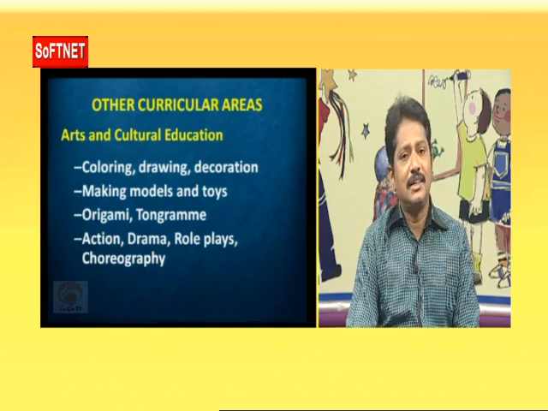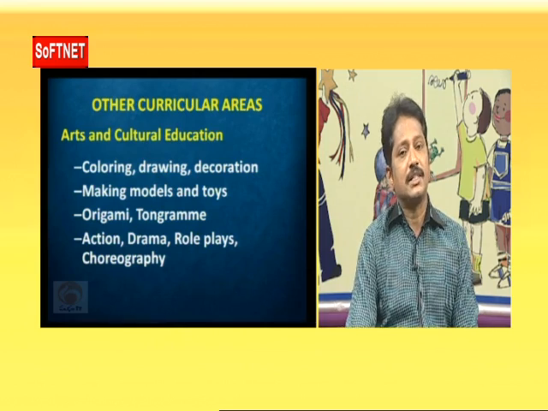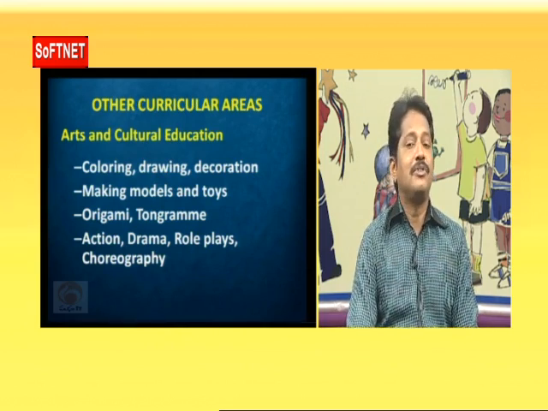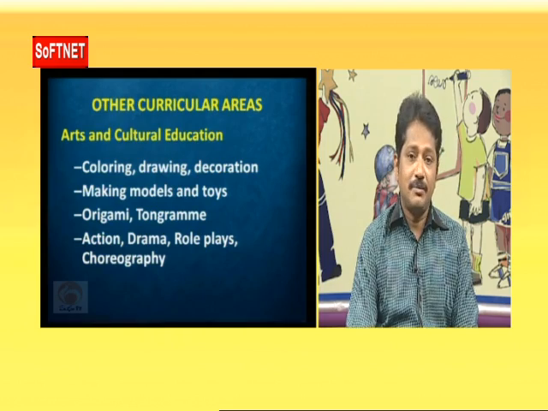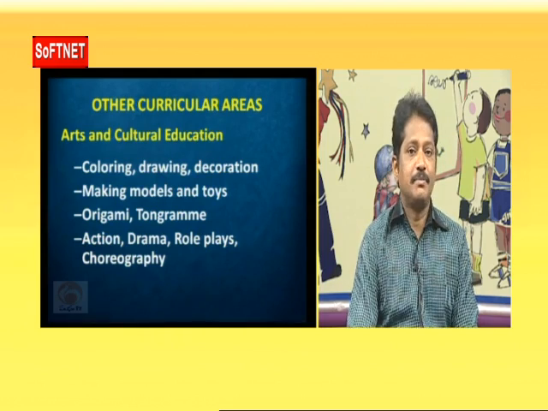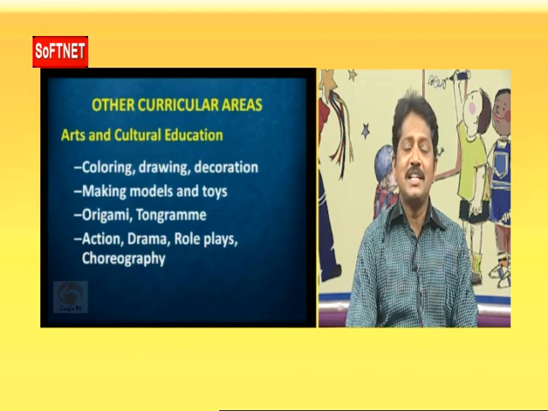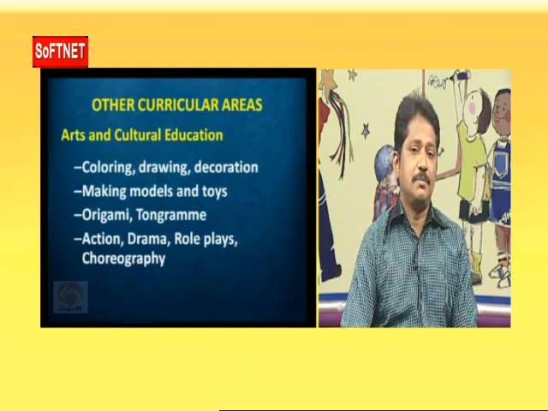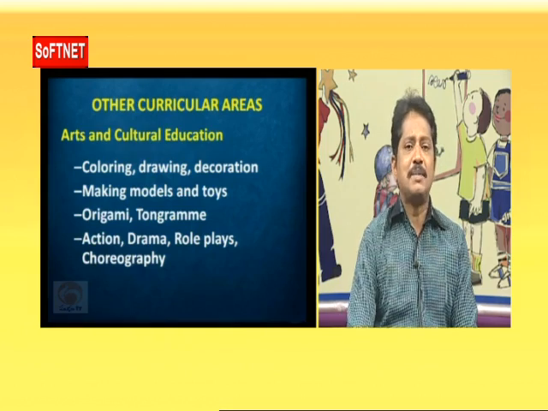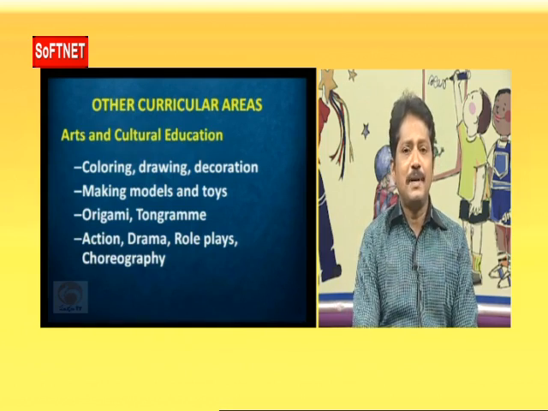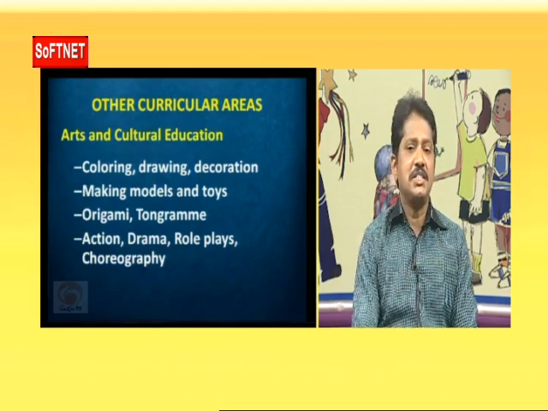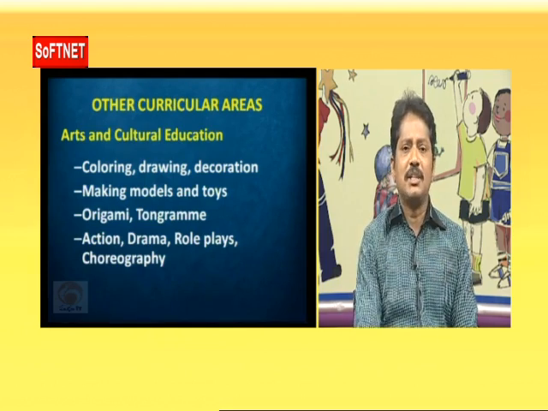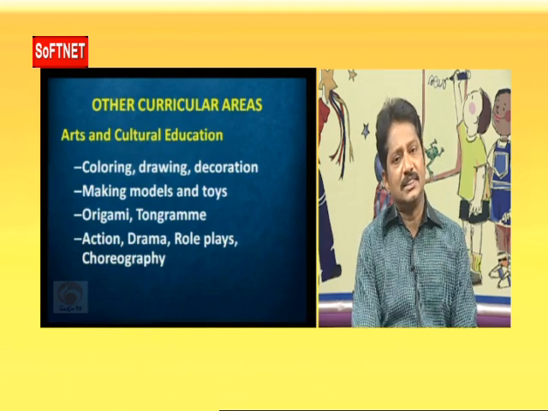Maybe you feel, how is it related to mathematics? So that children can perform the concept by role play, by using a skit. And origami is a part of folding techniques, so by using folding techniques, we can explain so many concepts. We can prepare mathematical models, and we can prepare toys. If you see the mensuration chapter, a toy is nothing but a combination of 3D figures.